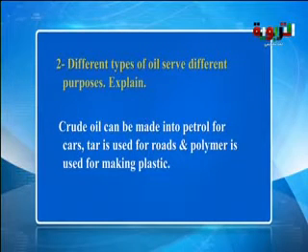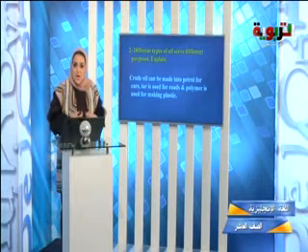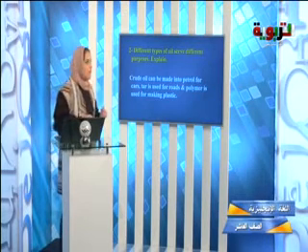So the crude oil can be made into petrol for cars, for driving the cars. Also, tar is used for roads and polymer is used for making plastic. So all of these are made from the crude oil. So these are the different uses of the oil.